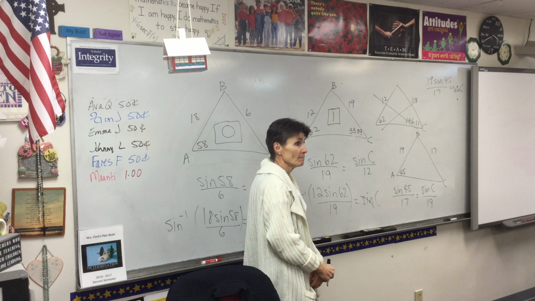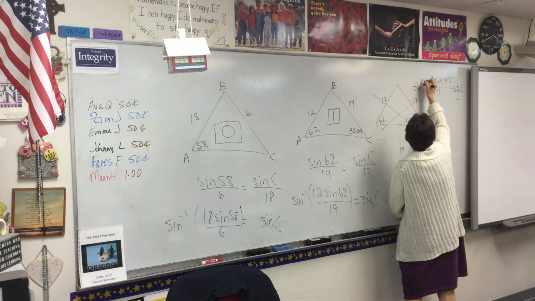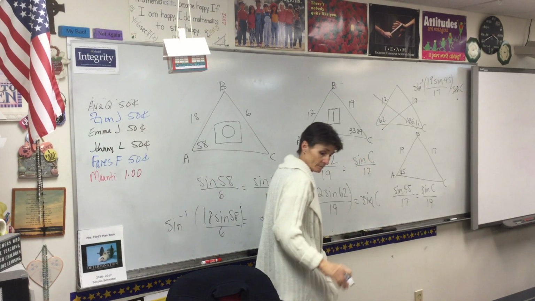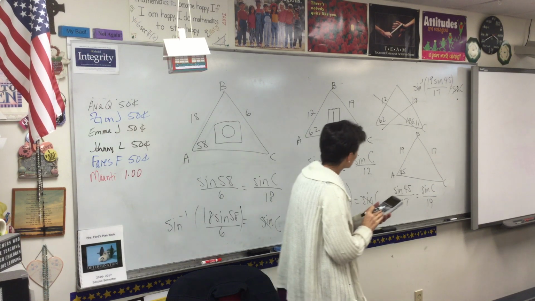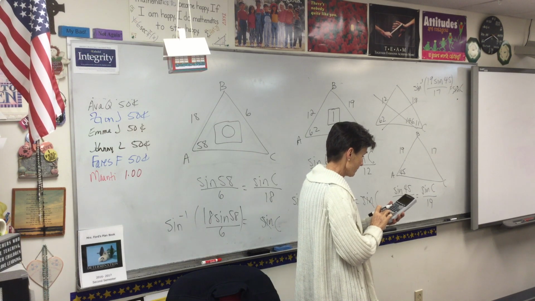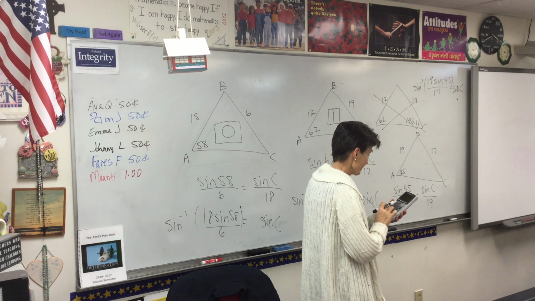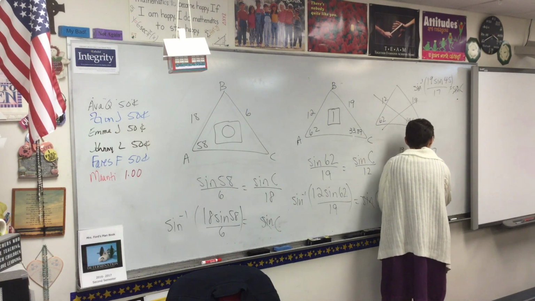Need a second sine? So second sine, 19 sine 45 divided by 17. I got an answer. I got 52.21.